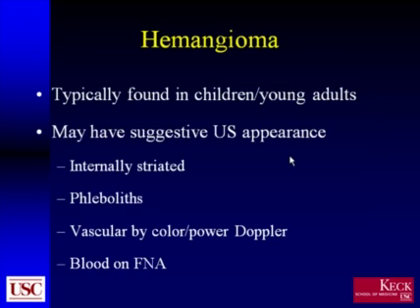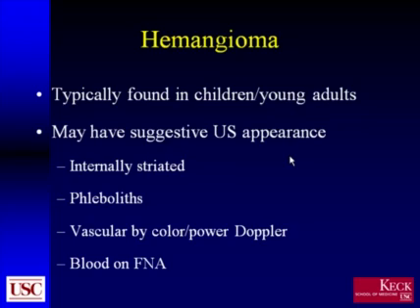Hemangioma is a lesion that's typically found in children and young adults and does have a somewhat suggestive ultrasound appearance. Typically they are kind of striated internally. Like other hemangiomas, there may be internal phleboliths with posterior calcifications, and it's relatively vascular by color and power Doppler.